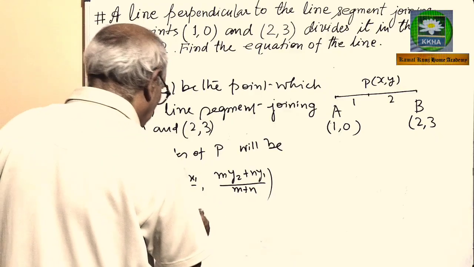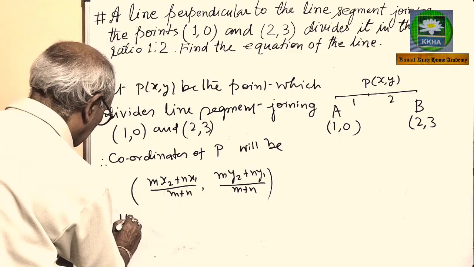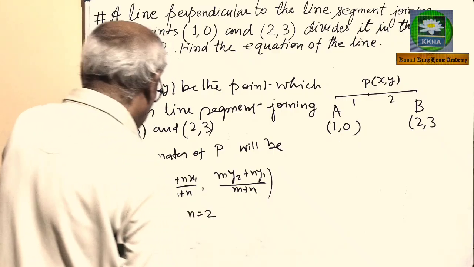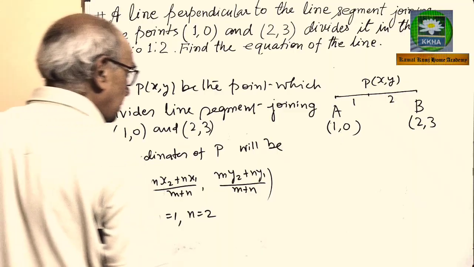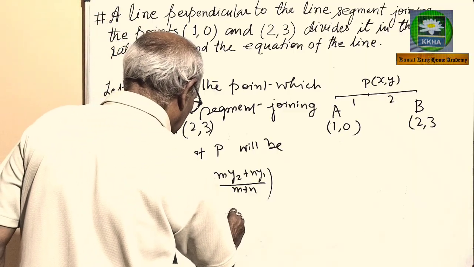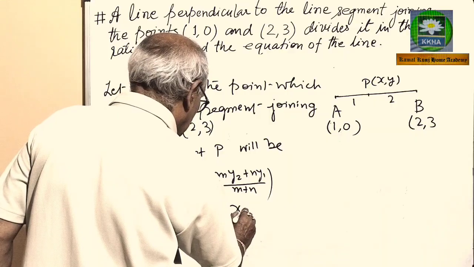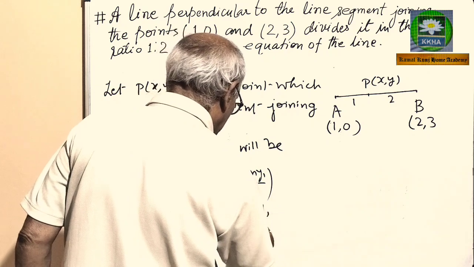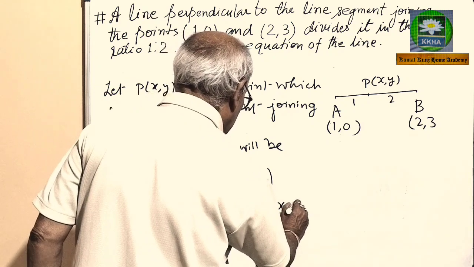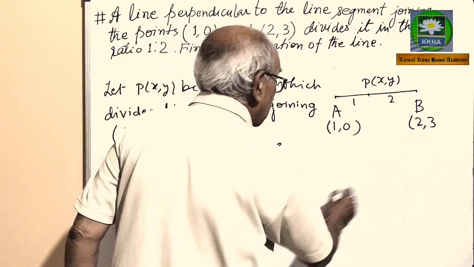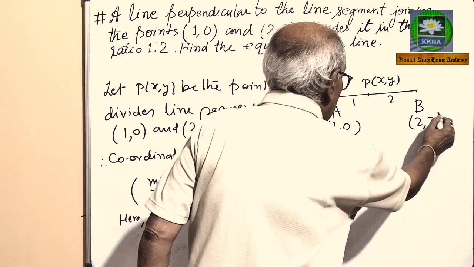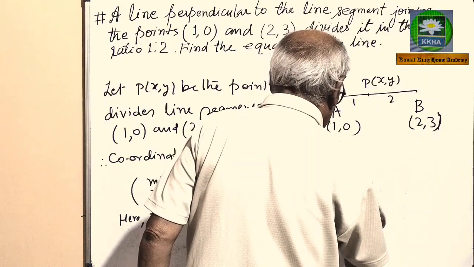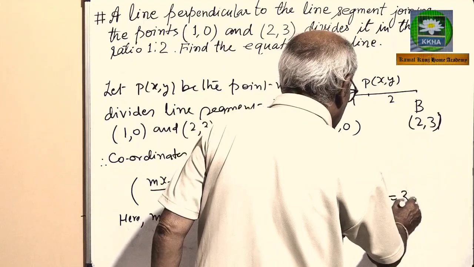Here m equals 1, n equals 2, x1 is equal to 1, x2 equal to 2, y1 equal to 0, y2 equal to 3.